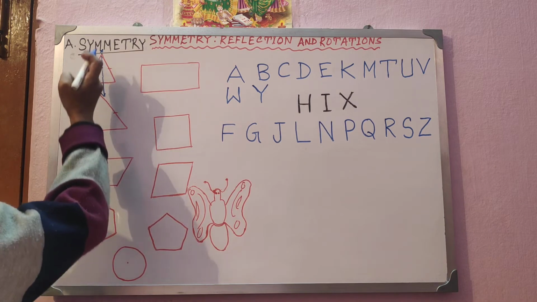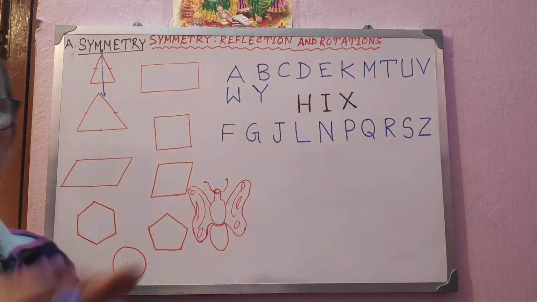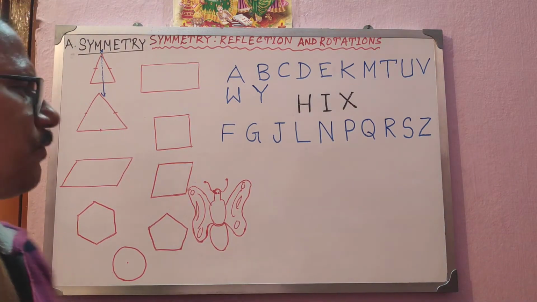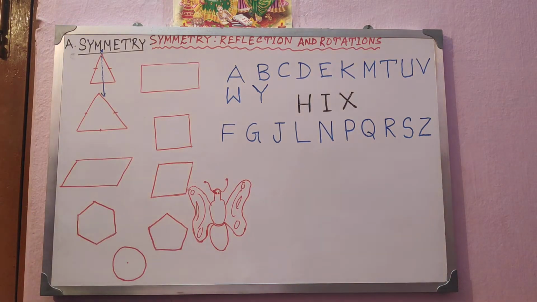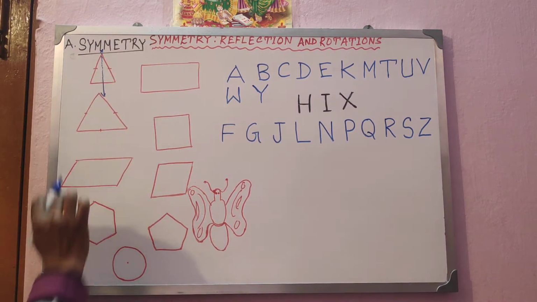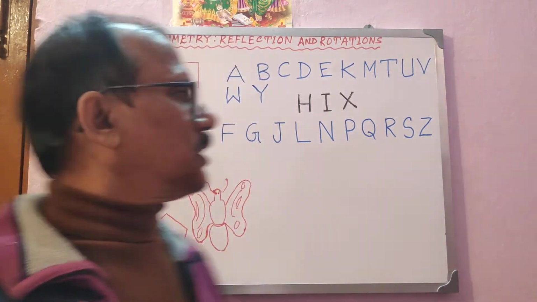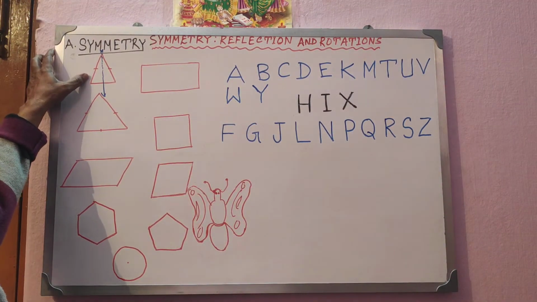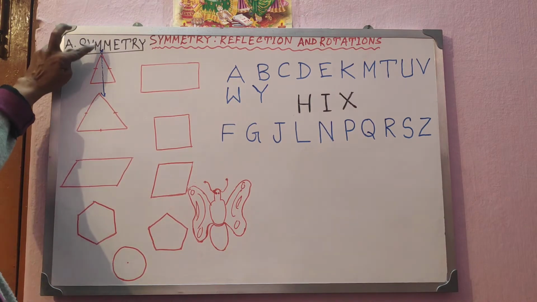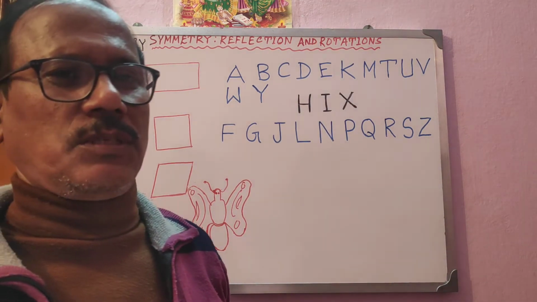That means if you cut from that and fold it, making a crease, this part will be this one. So these two parts are symmetrical, and this is called the line of symmetry. So this body has linear symmetry, and this is called the line of symmetry or axis of symmetry.